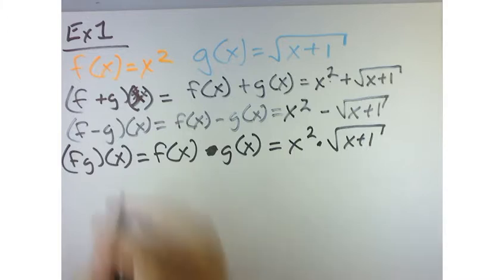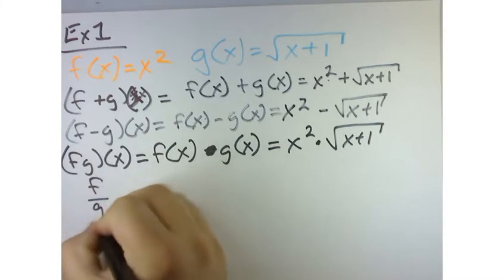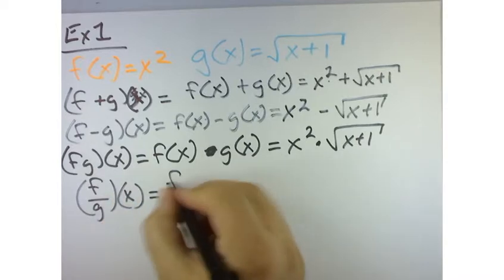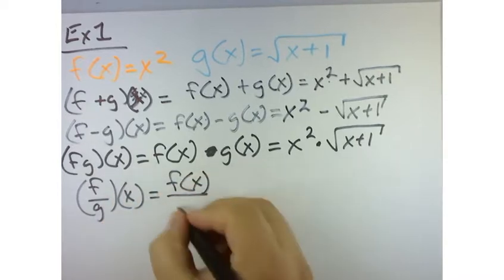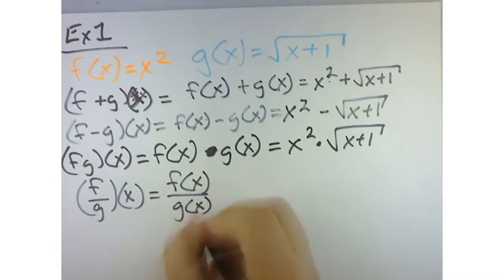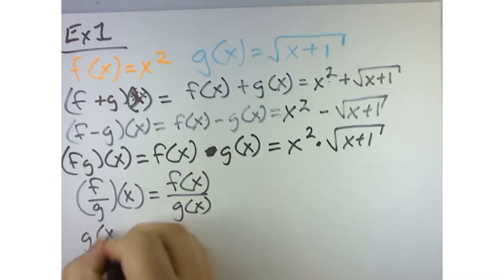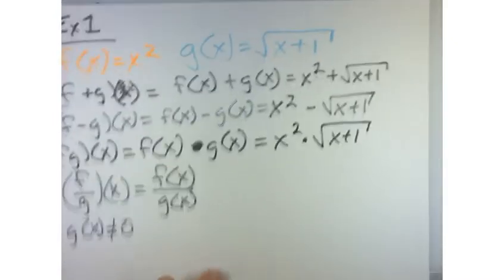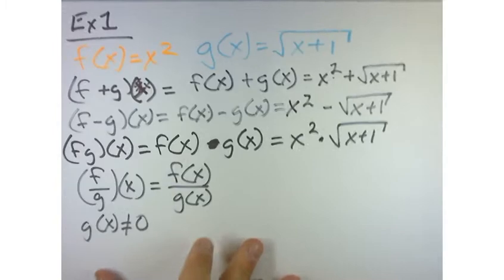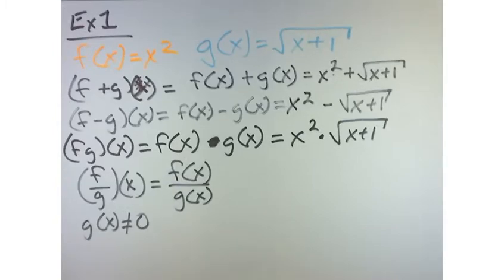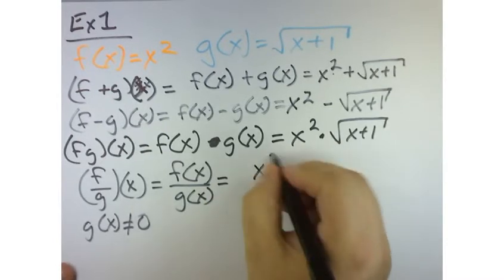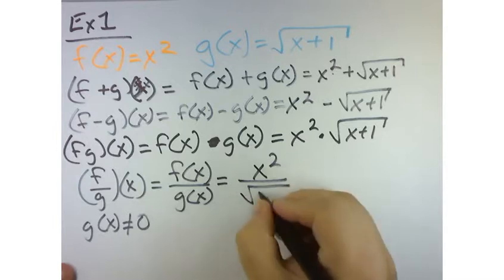And then lastly, if I say f over g of x, that's the same as f of x over g of x. Now remember, g of x cannot equal 0, so we have to think about that later on, because we're going to come back and look at the domains of all these. And so this is just going to be x squared over the square root of x plus 1.